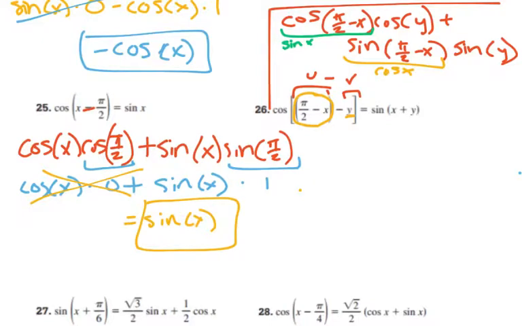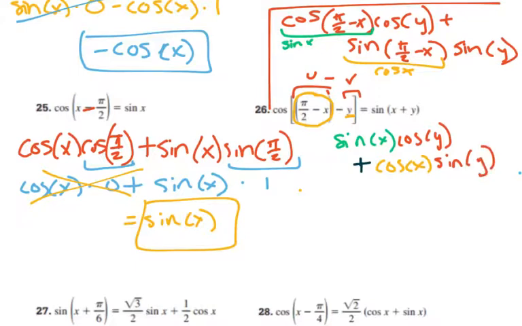And so with our first piece here, we're going to end up with sine of x, cosine y, and then to that we're going to be adding cosine of x and sine of y. And so this is interesting because now we're going to use one of our identities that we were just talking about to go backwards, because notice that we have a sine and a cosine, and then a cosine and a sine of those two values.